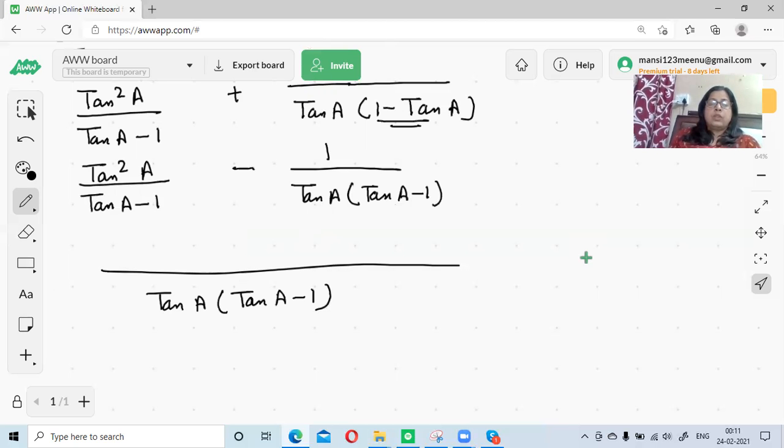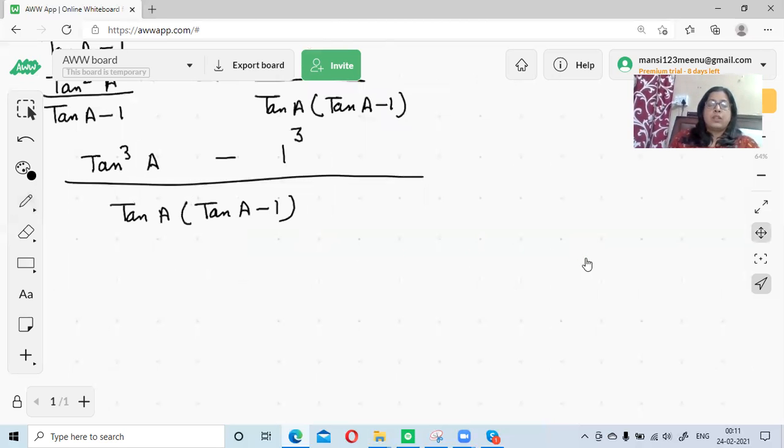So we have tangent cube A minus 1. 1 can be written as 1 cubed. So this is now your identity a cubed minus b cubed.